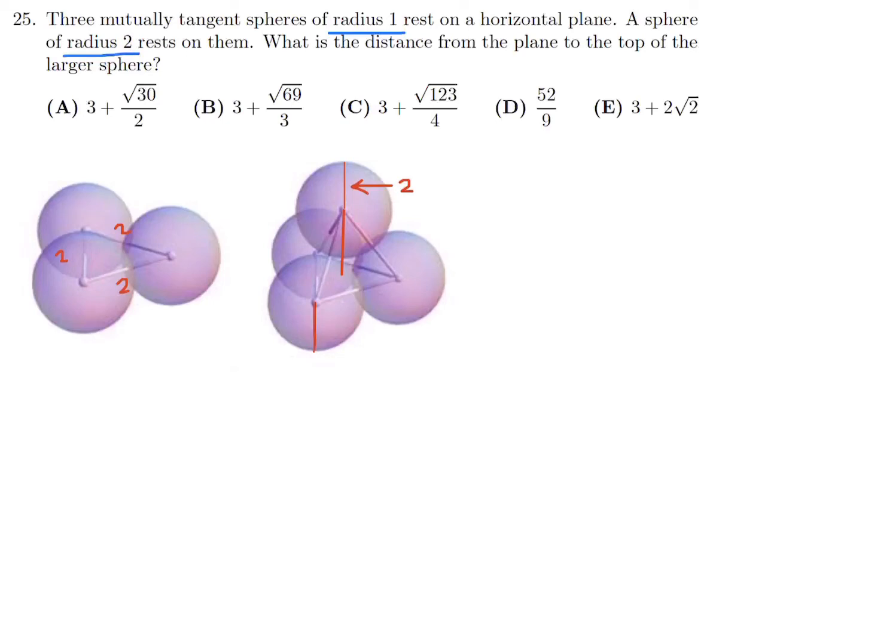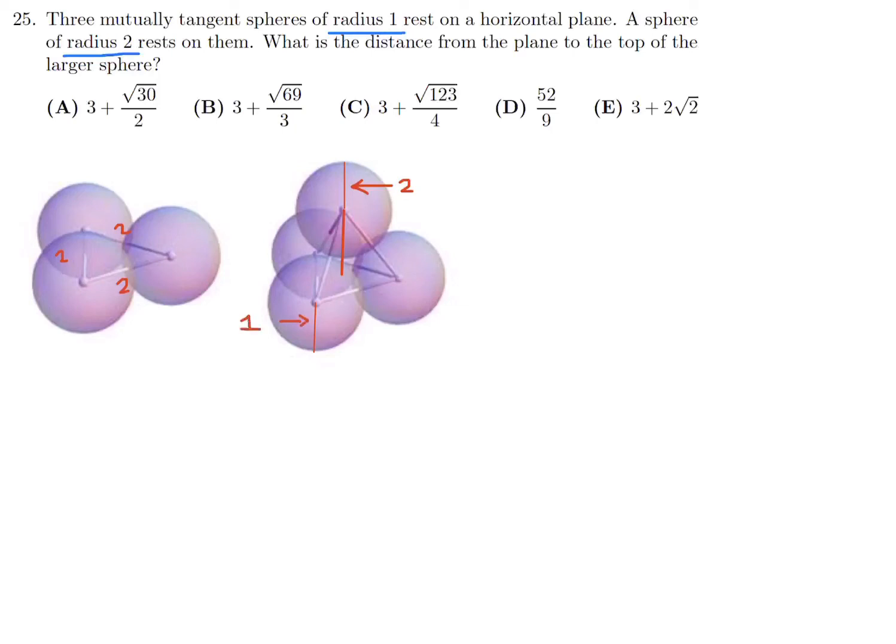The next one, from the base of this triangle to the bottom, is the radius of one of the smaller spheres on the bottom, and that's 1. So this is equal to 1.